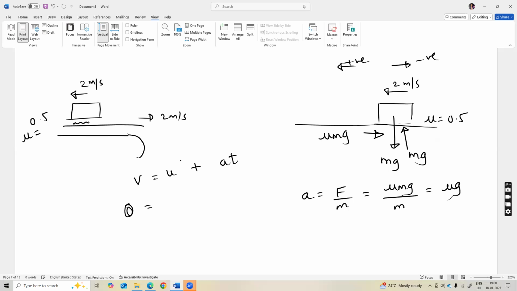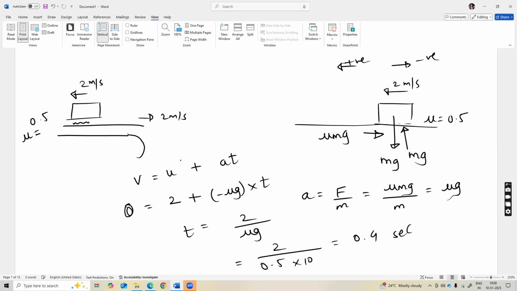Initial velocity is 2 meters per second, and since acceleration is in the negative direction, it is minus mu g into t. So time is equal to 2 upon mu g, which is 2 upon 0.5 times 10, equal to 0.4 second. So in 0.4 second, the object will come to rest relative to the conveyor belt.